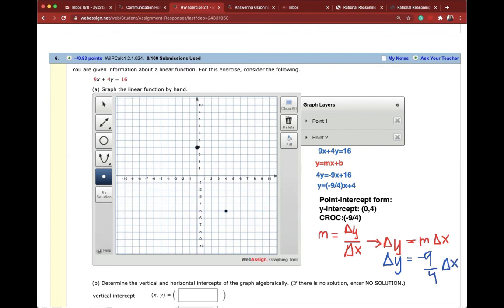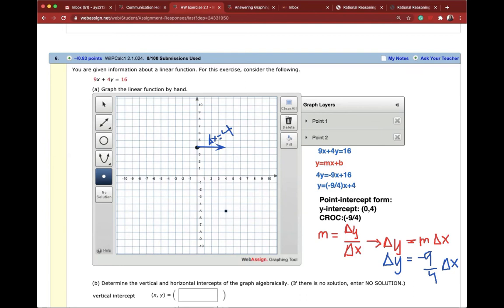When you use your graphing calculator, notice what's about to happen, to show that these 2 points are the same. What if x changed from 0 to 4? Then my delta x would be 4.